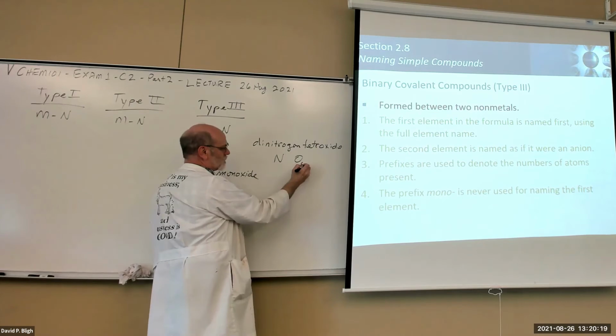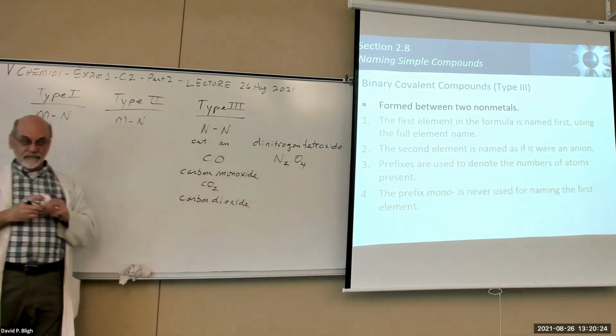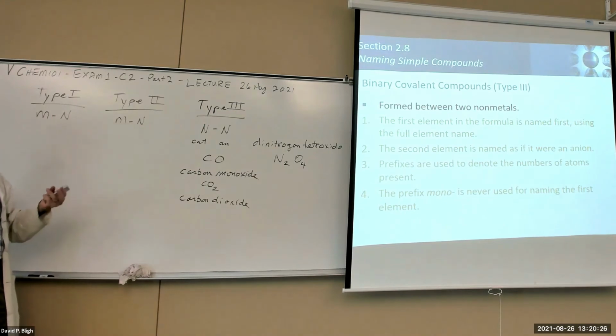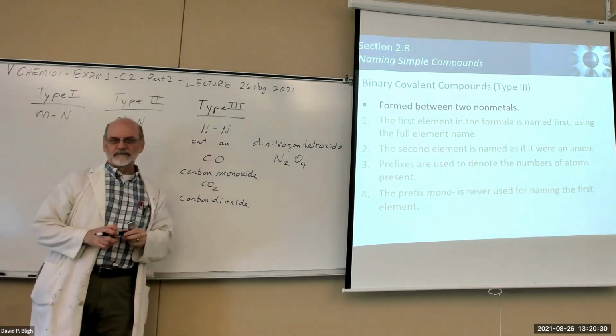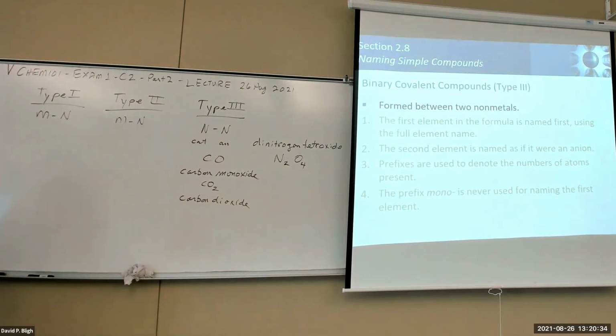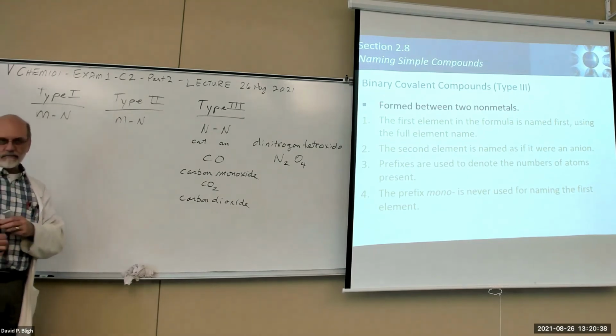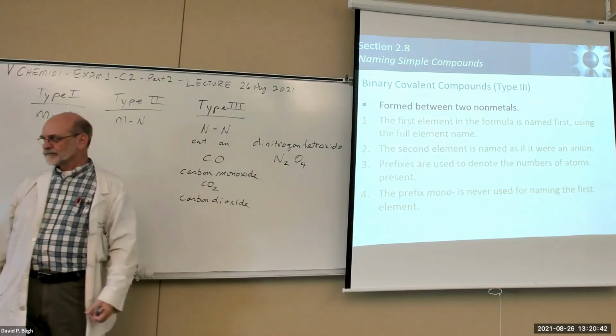We need 4 of these, and we need 2 of those. Okay. So the real trick to type 3 is trying to figure out which one comes first. Most of the time, it's the one to the left comes first, but not always. So the ones that are kind of outliers, you just have to memorize those.